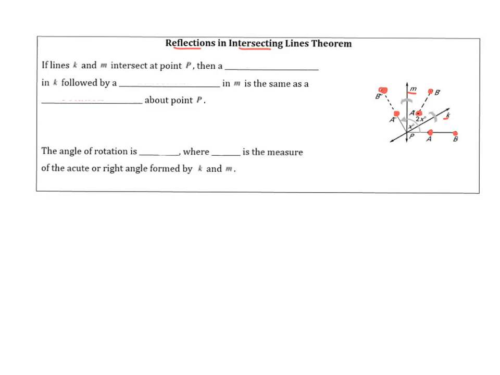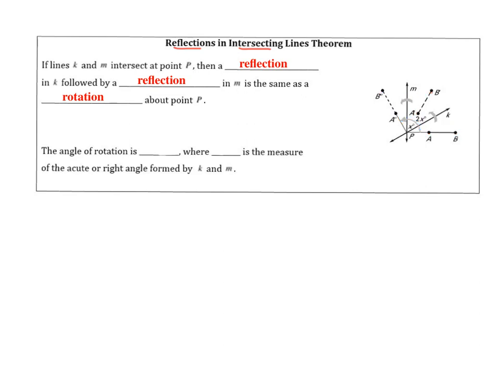Essentially to get from the pre-image to the image, what I could have done was just rotate AB to get to A double prime B double prime. So this theorem is essentially telling me that if I reflect that segment over one line, then reflect it over another line, and the two lines are intersecting, then my final result is a rotation.